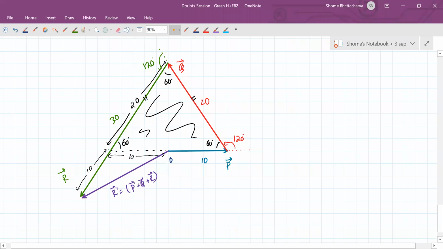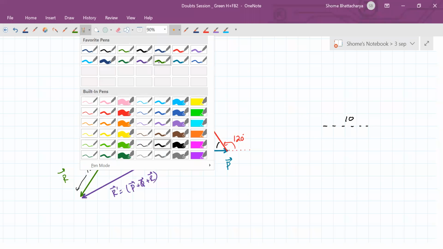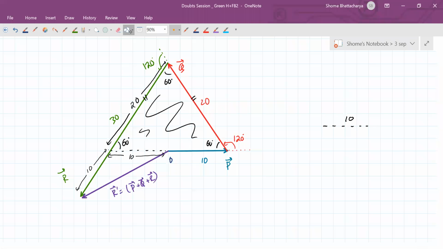Okay. To calculate this, you have to just understand that this triangle, where one side is the dotted line. So I'm just drawing that triangle separately. Okay. So this is 10. Then you have this side, which is also 10 in length, here to here.